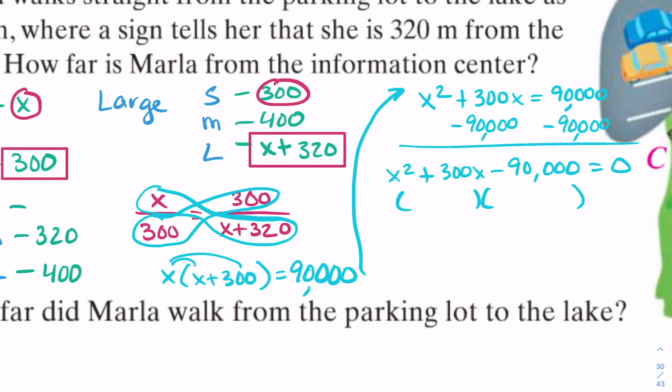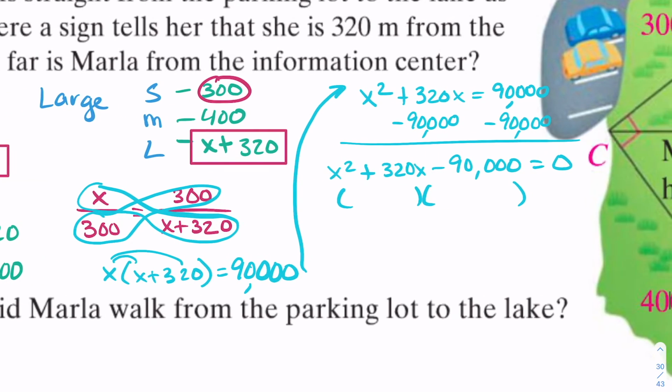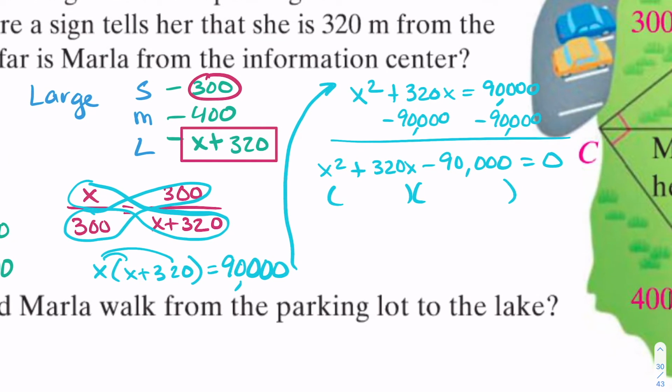And now that will change to 320. And this will change to 320. And now this will change to 320. Very cautious here, but I made a mistake. So that simplifies to 320. So now I'm going to look at what are some factors of 90,000.